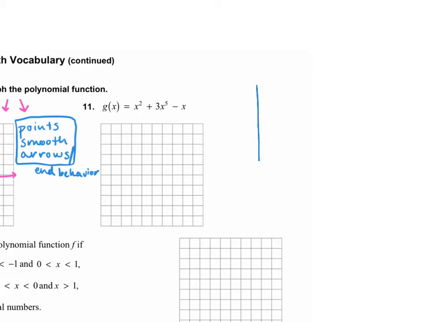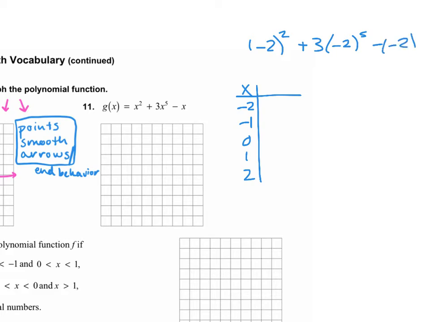We have x, so -2, -1, 0, 1, and 2. So we have -2 squared plus 3 times -2 to the fifth power minus -2. -2 squared is 4. What's -2 to the fifth power? 16, right?